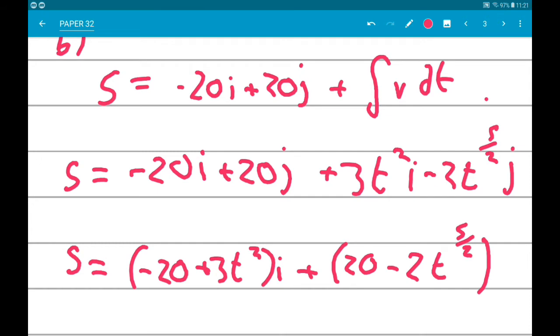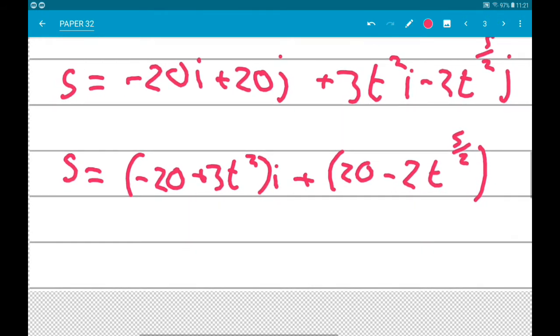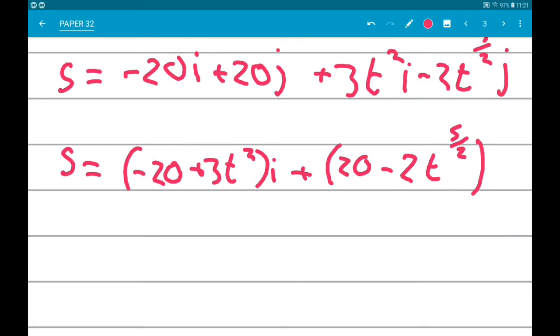So finally, s when t is 4 is going to be, now then, minus 20 add 3 times 4 squared, so that's minus 20 add 48, so that's 28i.